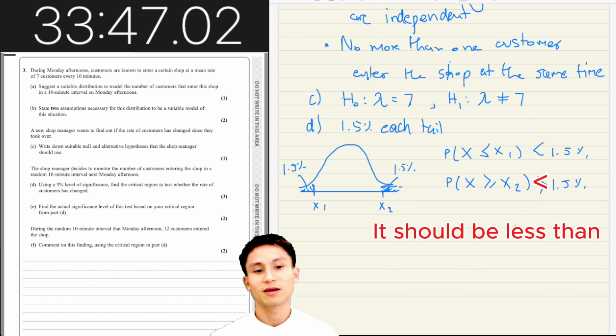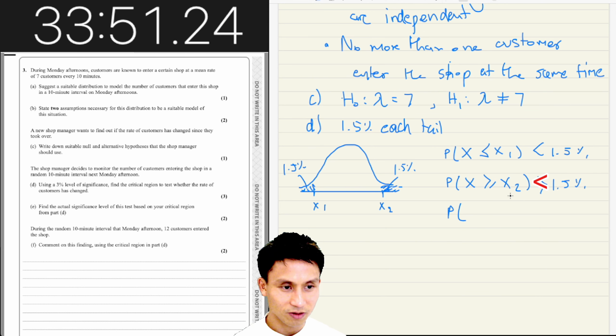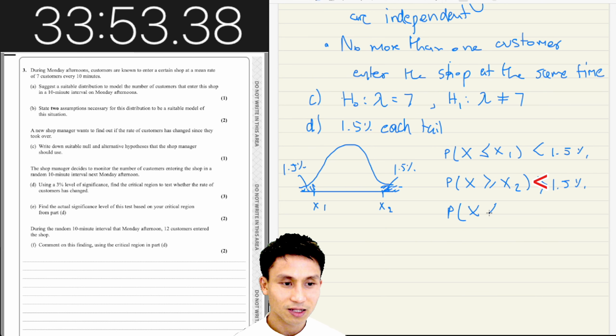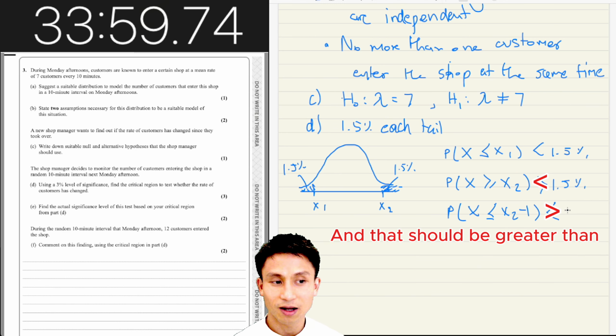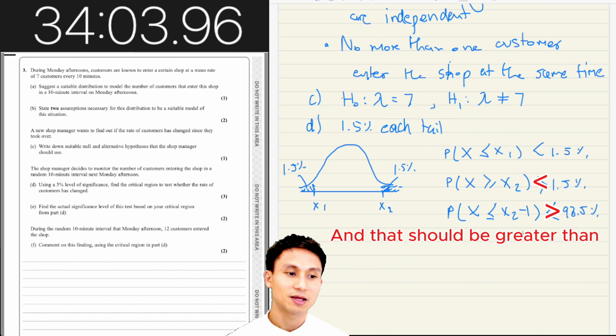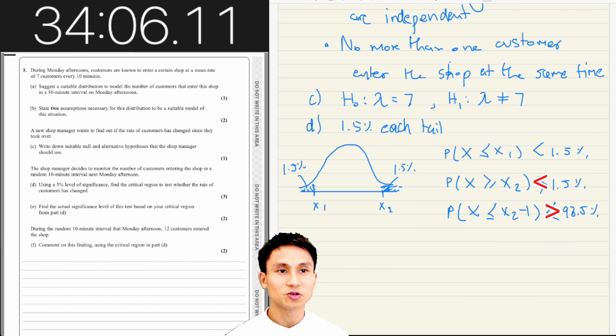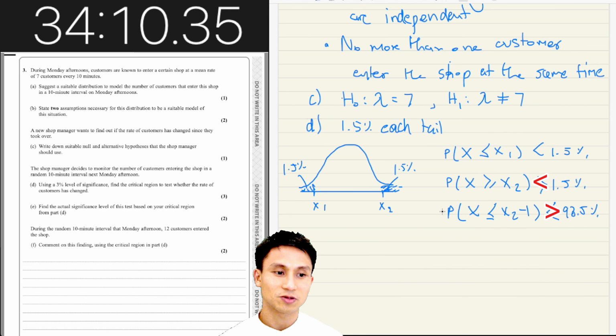So that means, if we derive from x2, the probability of X less than or equal to x2 minus 1 would have to be greater than 98.5%, right? Okay, so we are focusing on these two parts, this part and this part, because it's two tail. So there you go. This is lambda being 7, all right?